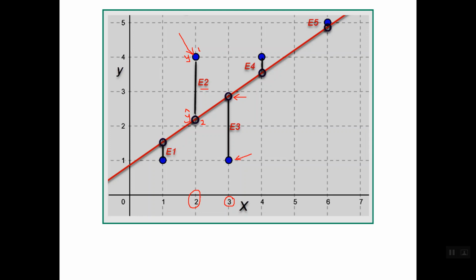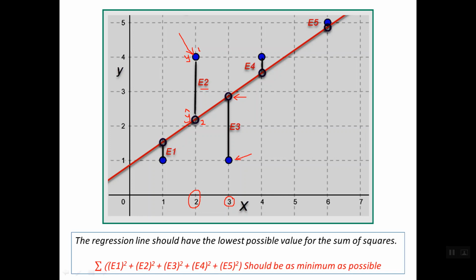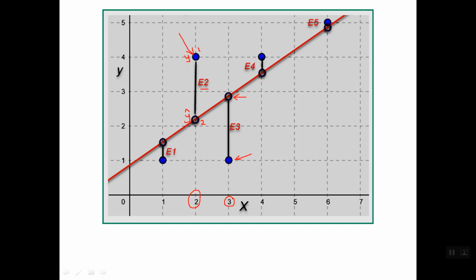So in order to ignore this conflict, we simply square all of these values of error and sum up all of them. So we have the total of the squares of the values of the error. If you compute the sum of the squared errors using the regression line, you will find the least squares.